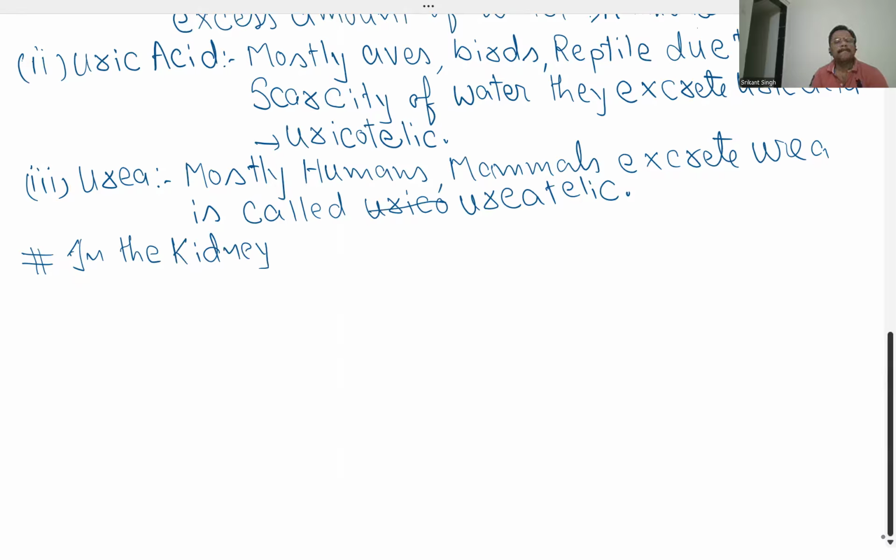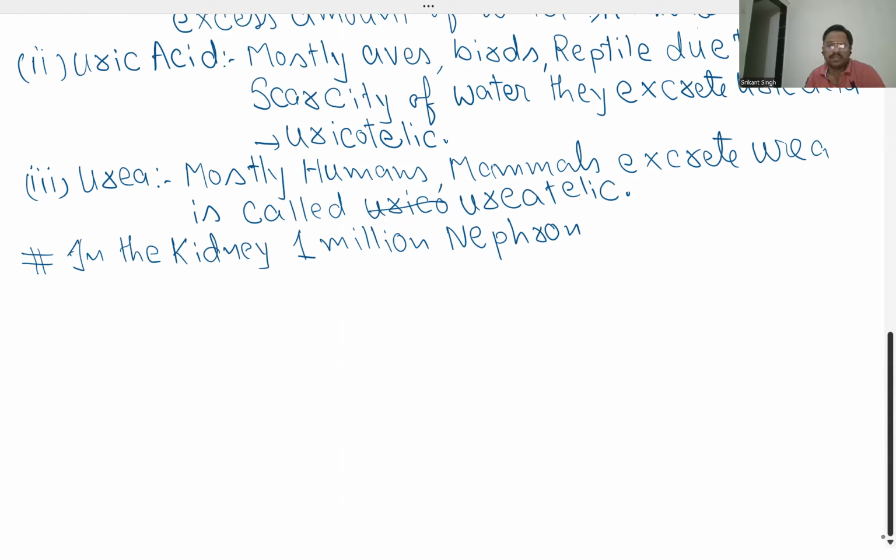In the kidney, 1 million nephrons are present. The nephron is the unit of kidney which filters and converts the blood into urine.